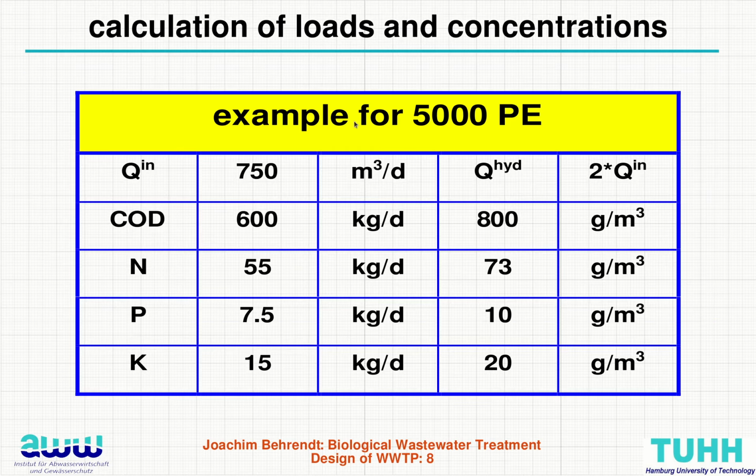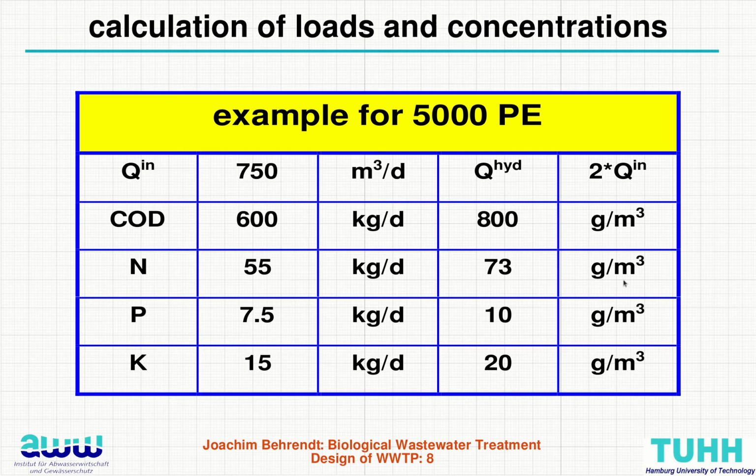And if we make an example for 5,000 population equivalents, then we can calculate from this that we have 750 cubic meters per day of wastewater, and finally the 600 kilograms per day COD load ends up at a mean concentration of 800 grams per cubic meter COD, and this we can do for the N components and K components as well.